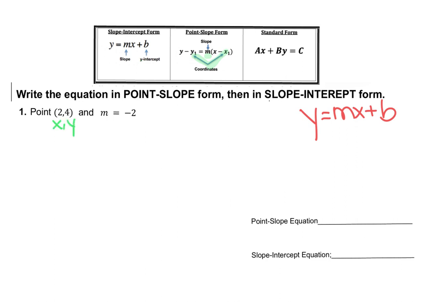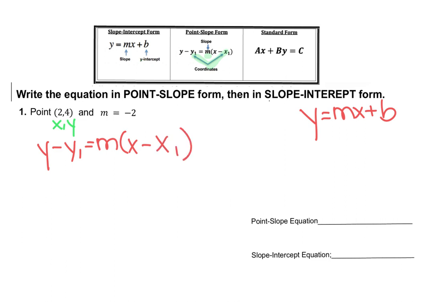Let's use this point-slope formula and rewrite it right here: y minus y1 equals m, the slope, times x minus x1.